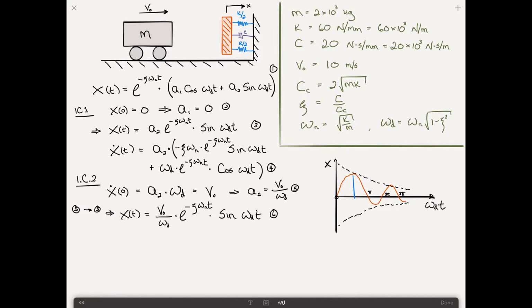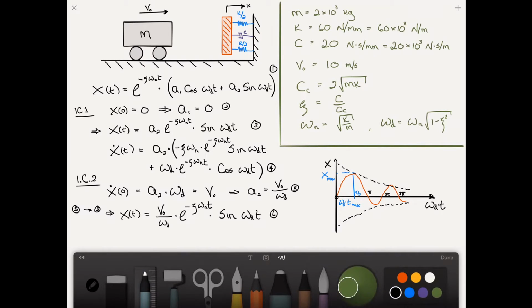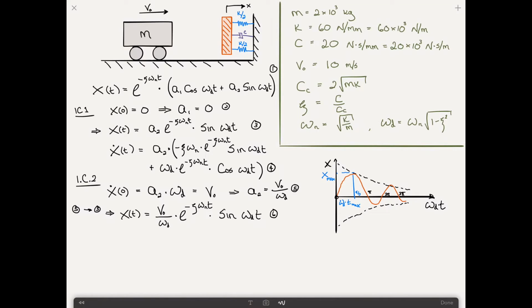It's saying this is t max, in fact, to be clear, it's omega d times t max. And this would be x max over here. And it's asking us, what is the height of that peak? And we should be able to recognize that this is pi by 2. In other words, when omega d times t is equal to pi by 2, this is when we get x equal to x max. Does that make sense?